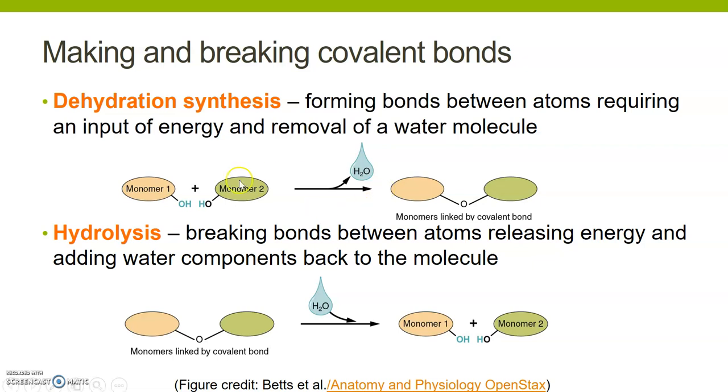We're going to take a covalent bond, snip it in half, and then put the OH and H groups back in. We're going to take water and split it. Hydrolysis: hydro means water, lysis means to break. We are breaking water and we are breaking our bond. By doing this, we actually release some energy, which again, we'll talk a little bit more about as we get into our enzyme lab.